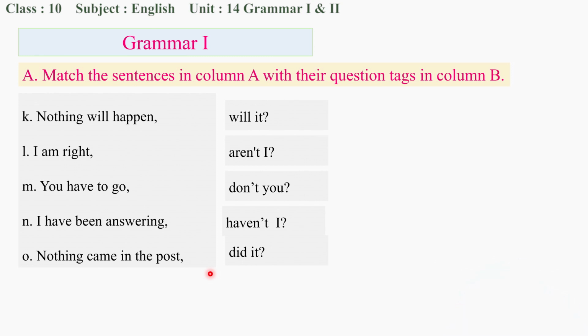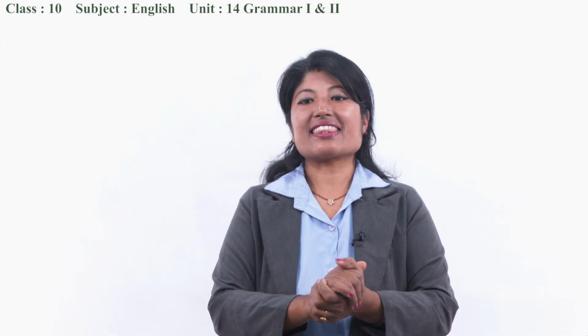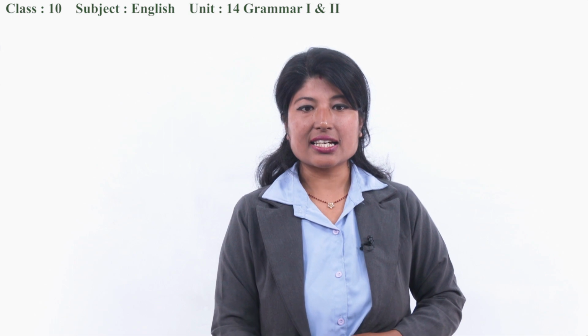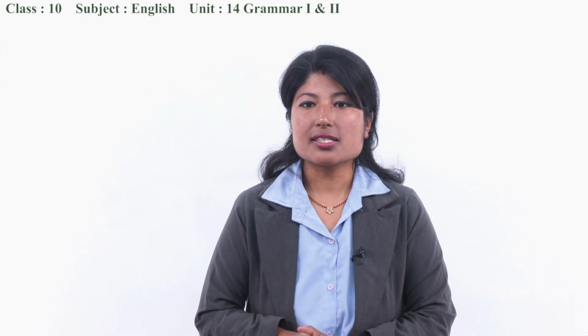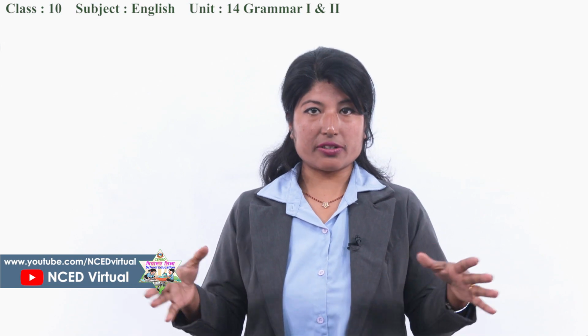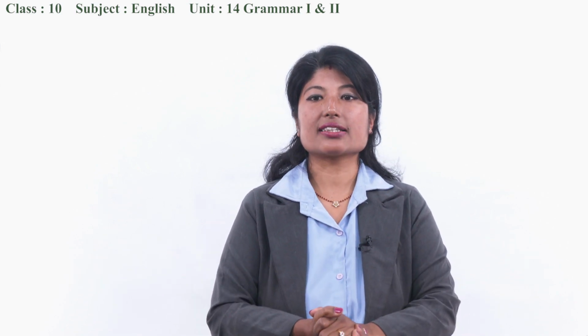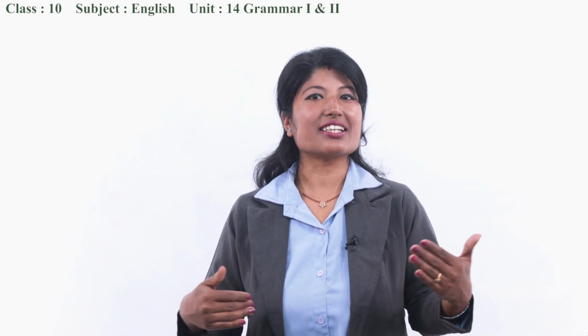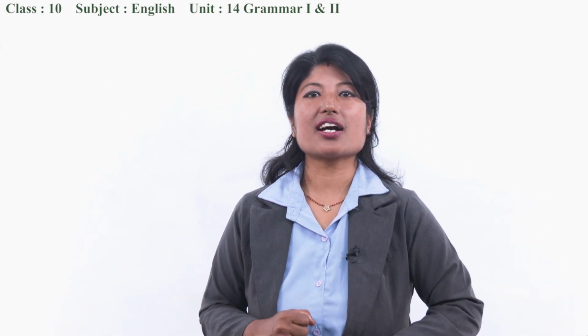Now we have to move forward, and that is exercise B. So what is that? Exercise B is about supplying the correct question tags. So we should be able to supply correct tags for the following statements. Let's work out together.